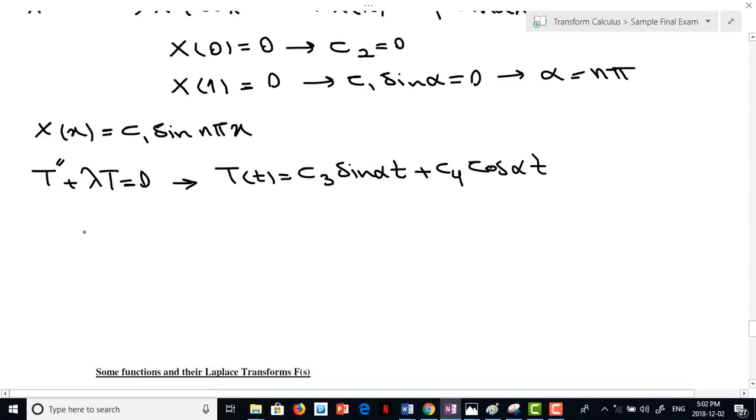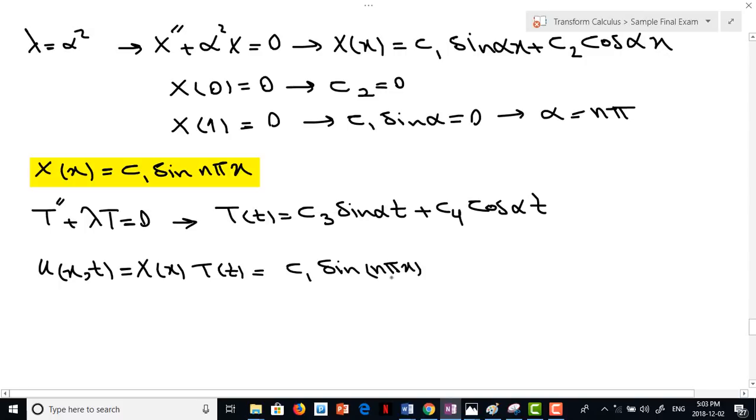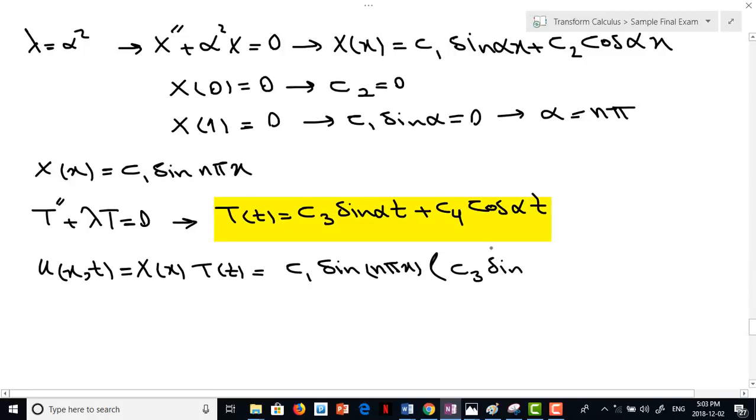Now we have X of x, we have T of t, so we can say that u of x and t is equal to X of x times T of t. It's equal to c1 sine n pi x times, in fact I'm writing T of t, so it's c3 sine alpha t.